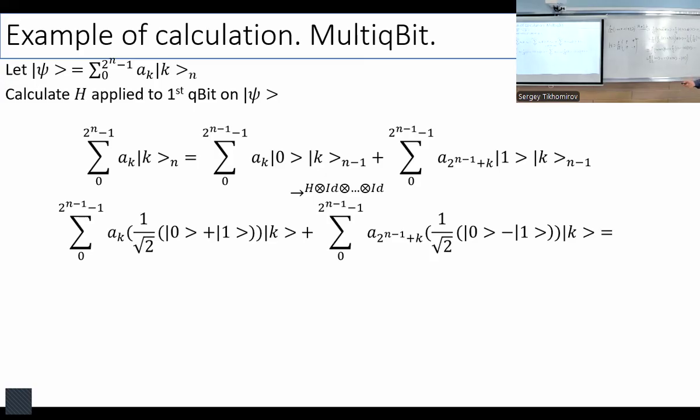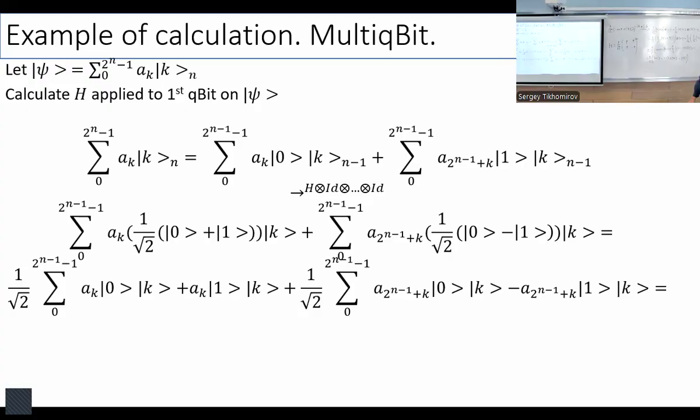This is what would happen. I replace 0 by 1 over square root of 2 times the sum of 0 and 1, and here pay attention to the coefficient. And 1 I replace by 1 over square root of 2 times the difference. Now I need to open the brackets. I put 1 over square root of 2 here. Now I observe that in both parts I have terms 0k, and in both parts I have terms 1k.